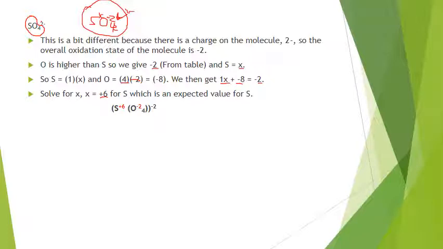And if you look at the periodic table, you see it's one of the expected values of sulfur. So sulfur is +6, oxygen's -2, and this whole ion has a charge of -2, or 2-. You can write it as -2 or 2- here.